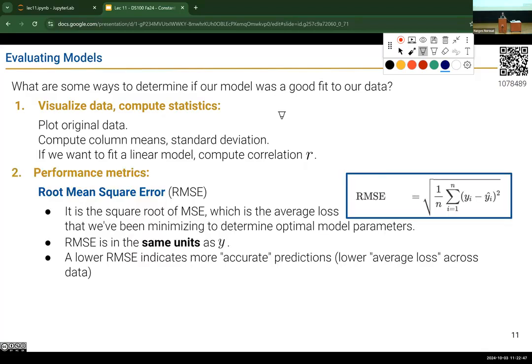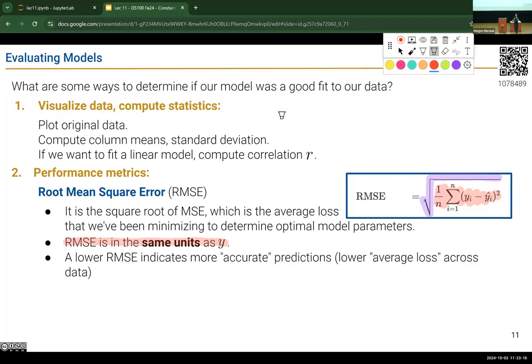We talked about root mean squared error. Root mean squared error means that I'm calculating the same MSE function that I was trying to optimize, but this time I'm going to take the square root of this MSE function, because I want to make sure that I'm reporting the error in the same unit as y. So why is that the case? For example, say that I'm predicting some length value. Length is the target that I'm predicting.